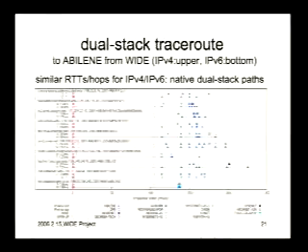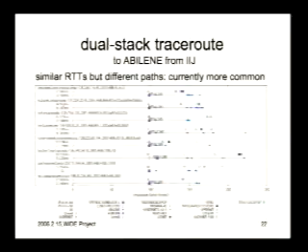In this figure, 10 targets are plotted, and we plot v4 paths and v6 paths in the same graph. In this graph, they have similar RTTs or hops for IPv4 and IPv6, and basically it's a native dual stack path from White to Abilene.